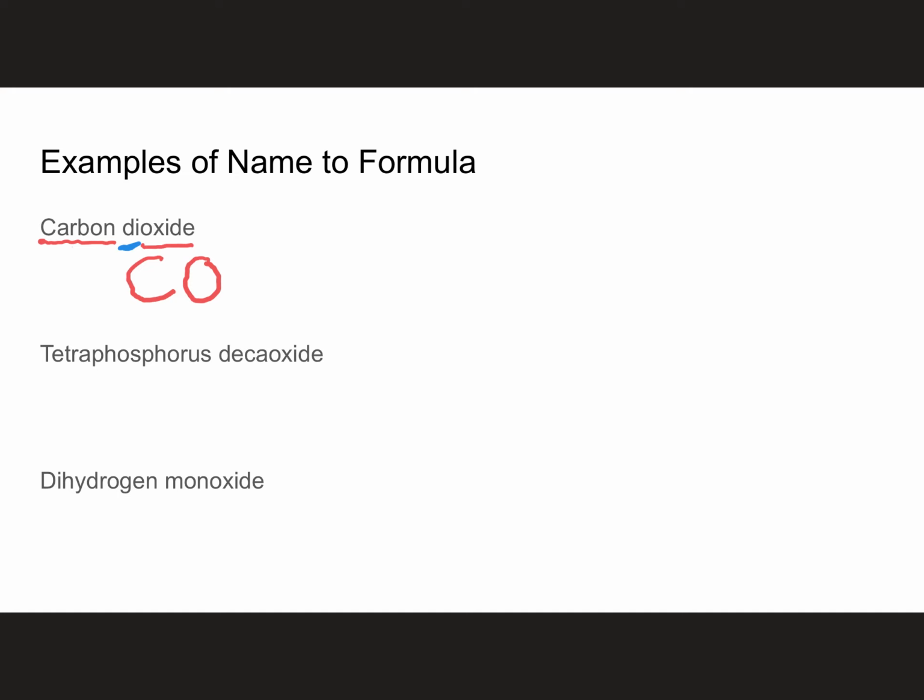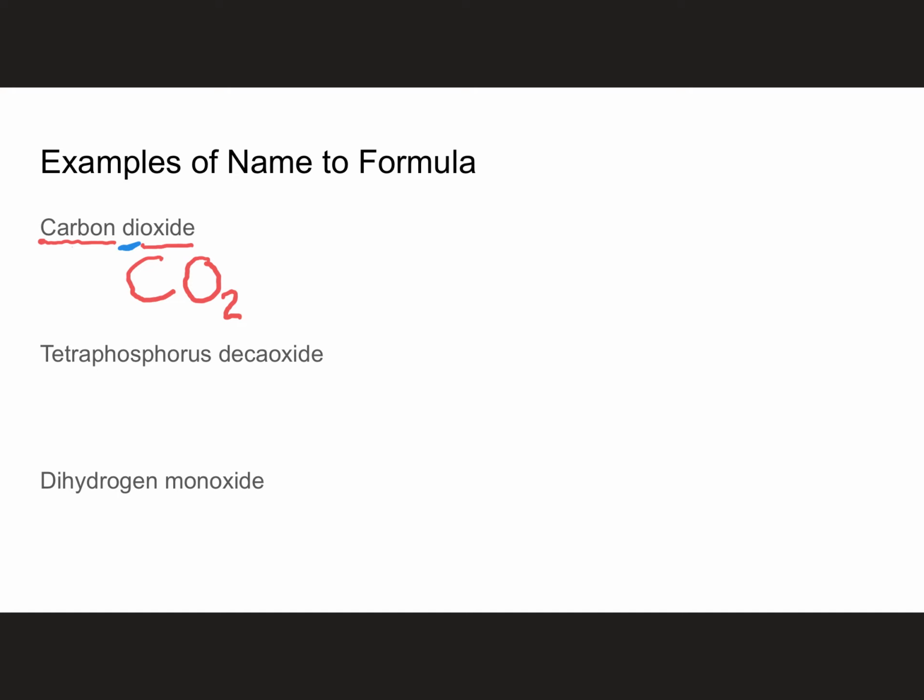So I'm going to write 2 as the subscript for the oxygen. The prefix for the oxide tells you how many of those we have in the chemical formula, and that means 2 in this case. So there I have it. I have CO2.